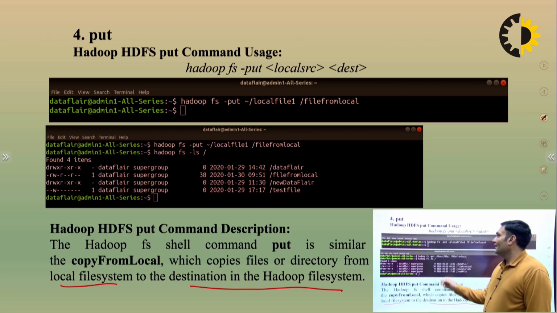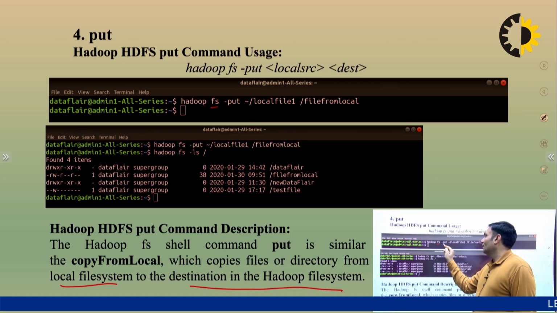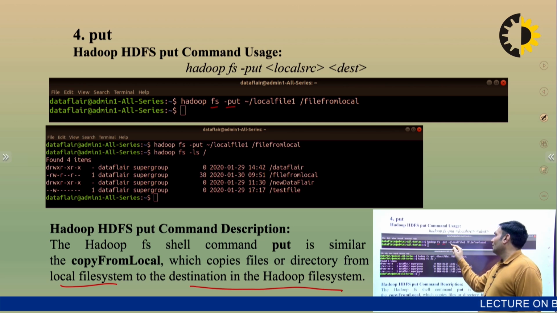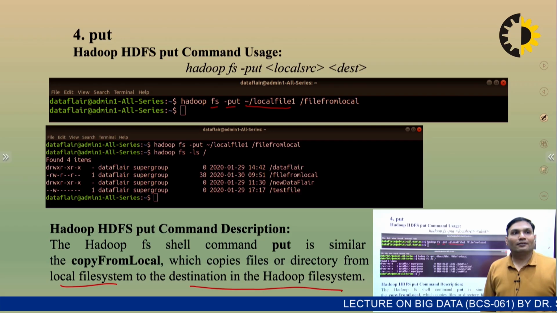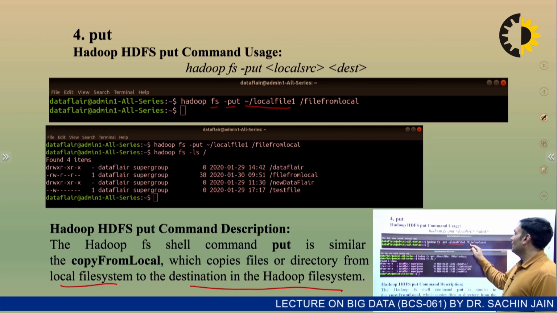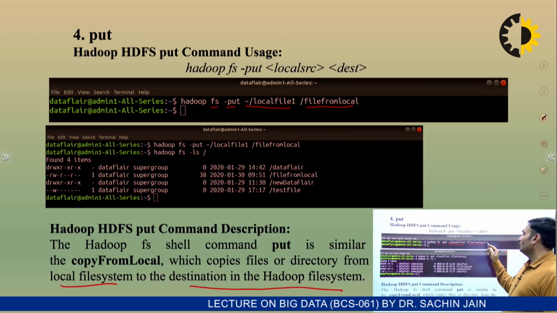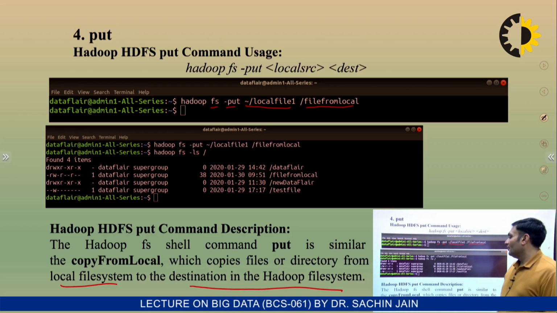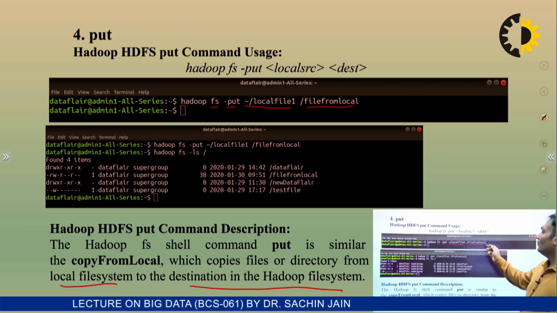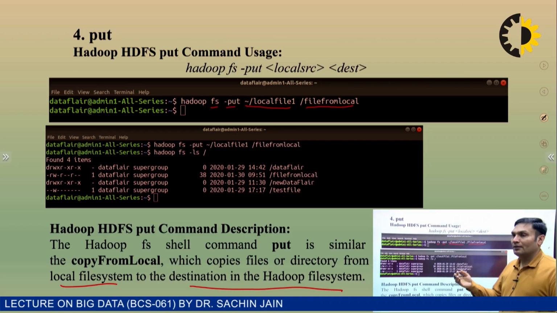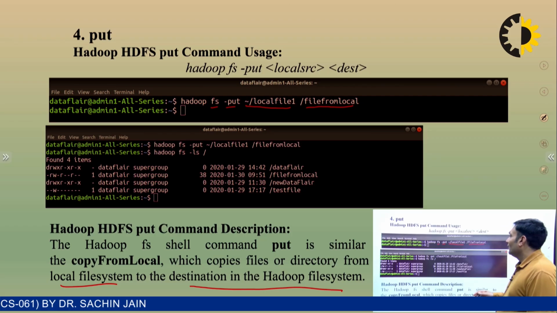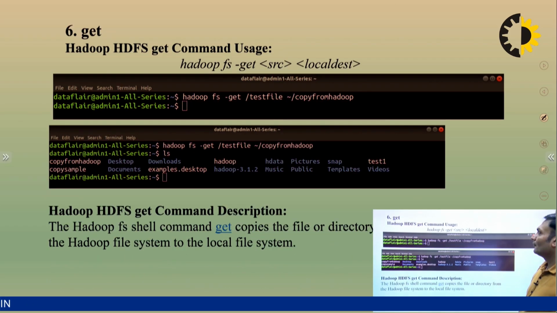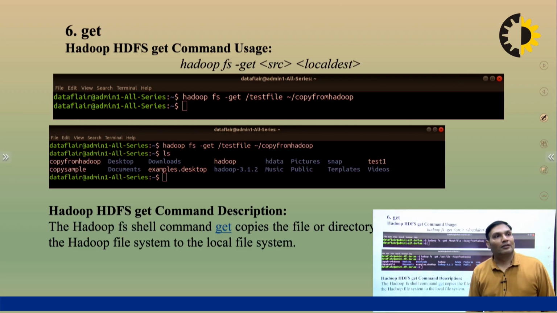So we write hadoop fs -put, and the local file where it actually resides, to the destination. That is, from where you want to take the file and to where you want to store the file.